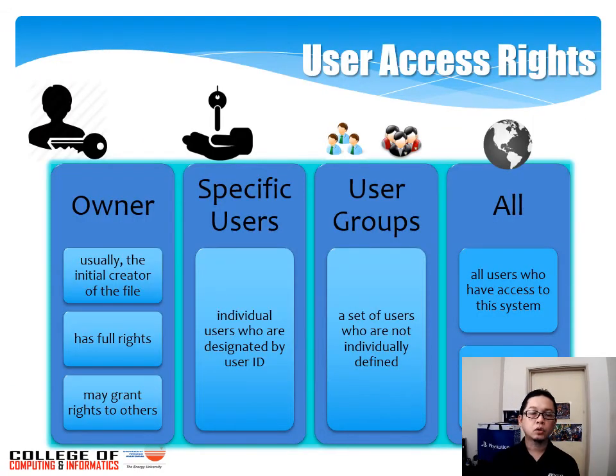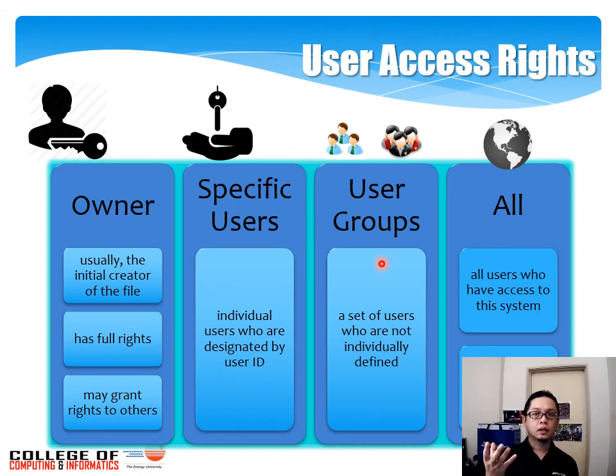When we talk about the access side, there is also a grouping of specific user groups. For example, the owner is usually the file creator, and he or she has full rights and may grant these rights to others. Usually this access is given to a specific group that you trust, perhaps your work group or your organization. Sometimes you can also give access to a certain user group.